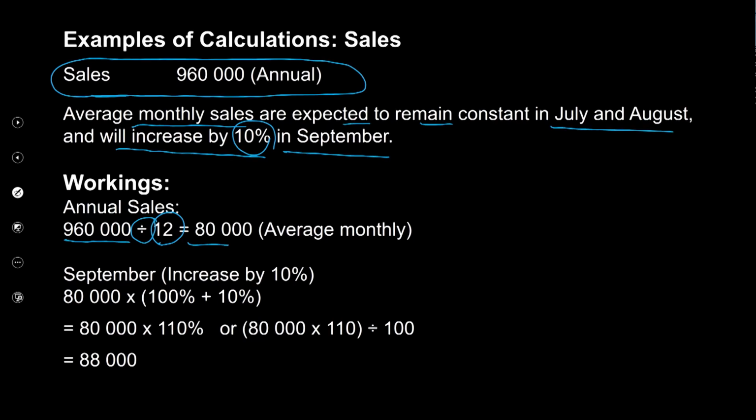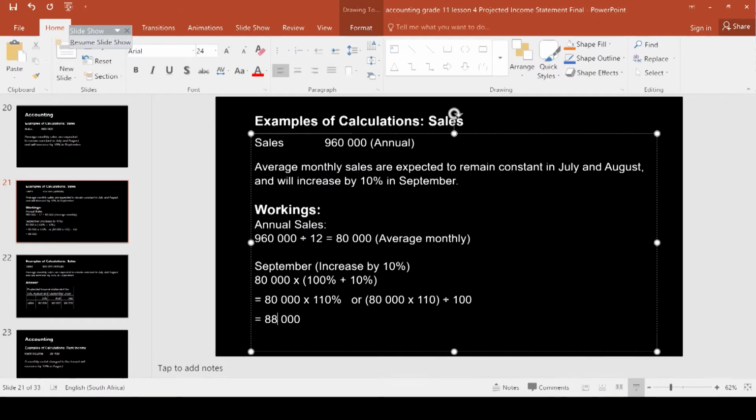That gives you 80,000 as your average monthly figure. July and August will remain constant, so there'll be no change. However, in September, it increased by 10%.